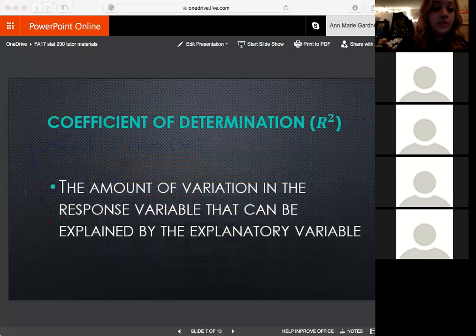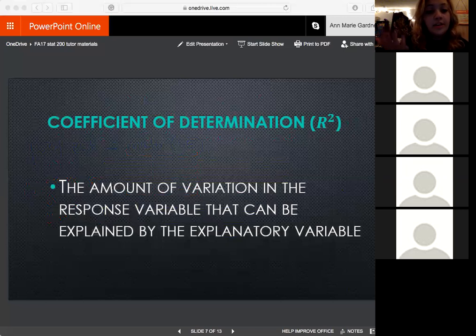Okay, coefficient of determination. This is basically trying to discuss what you found in the end. So the amount of variation in the response variable that can be explained by the explanatory variable. Whatever you get for your coefficient of determination is giving you the percent of the variance in your response variable, so the spread of it, that can be explained by your explanatory variable.